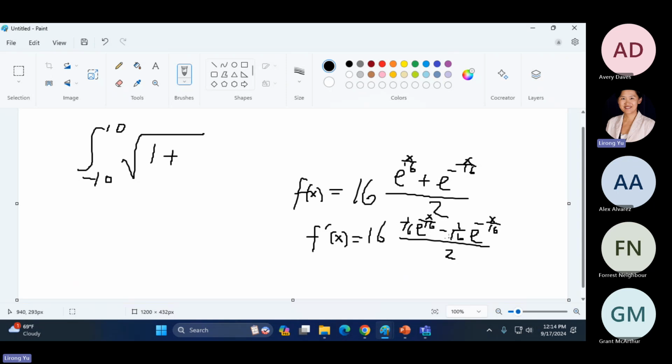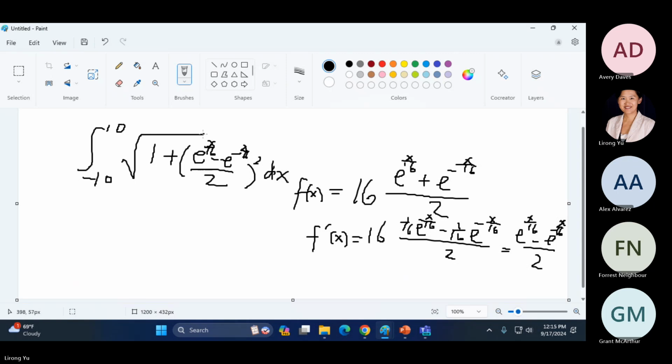We'll end up with e to the x over 16 minus e to the negative x over 16. So we have something very similar to what we had earlier: e to the x over 16 minus e to the negative x over 16, over 2, squared.